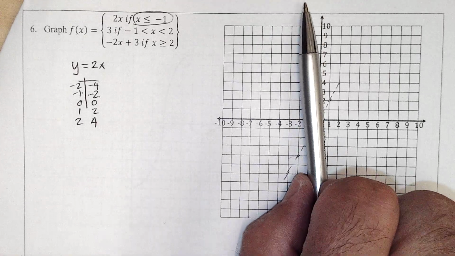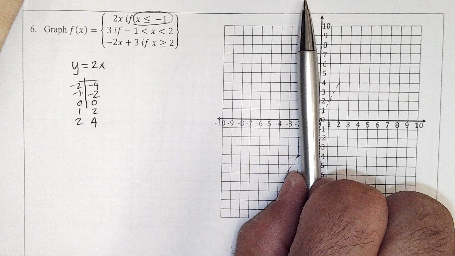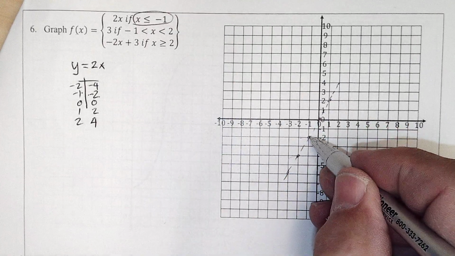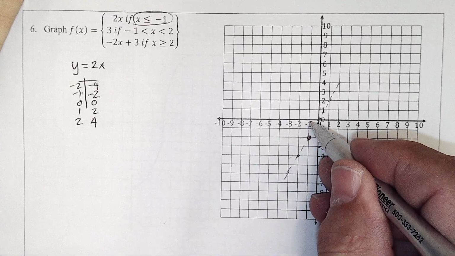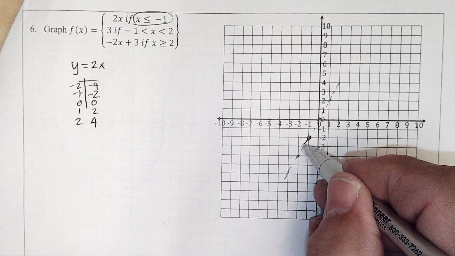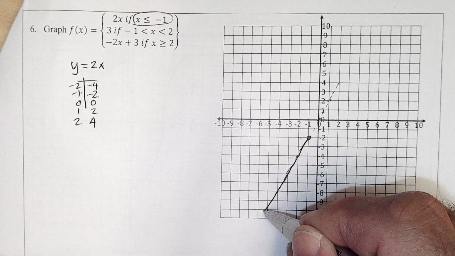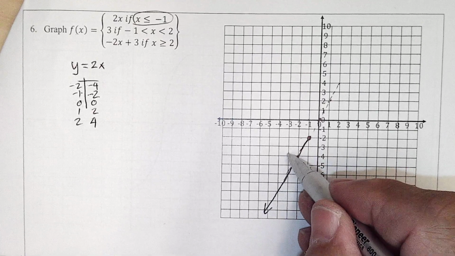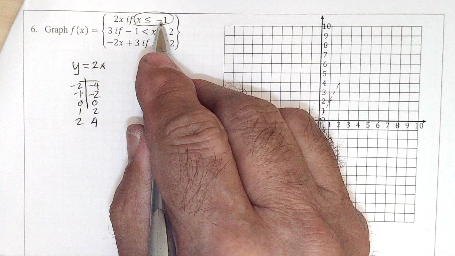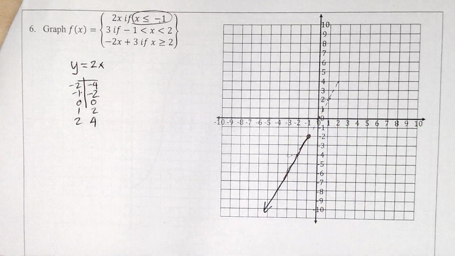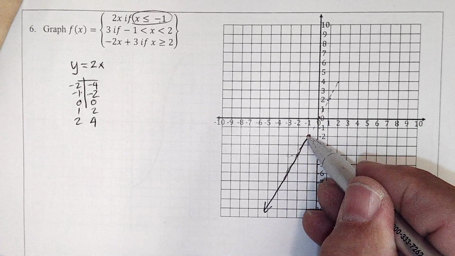So what part of this line is at x equal -1 or less? Well, right there it's at -1 in the x, and here is where all the x coordinates are less than -1. So we don't need that part, just this, and the end solid.